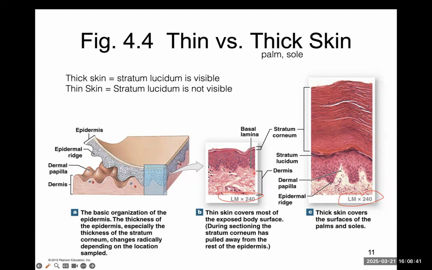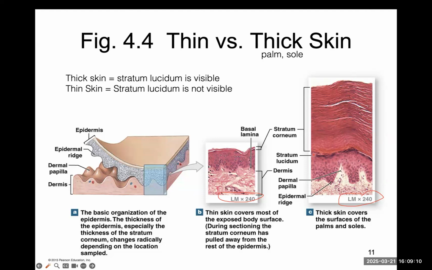I want to be very clear that not visible doesn't mean it's not there. It is there, it's just difficult to see because the skin is so thin. If I put a microscope setup in the lab and pointed to the slightly light layer over here, that would be stratum lucidum.